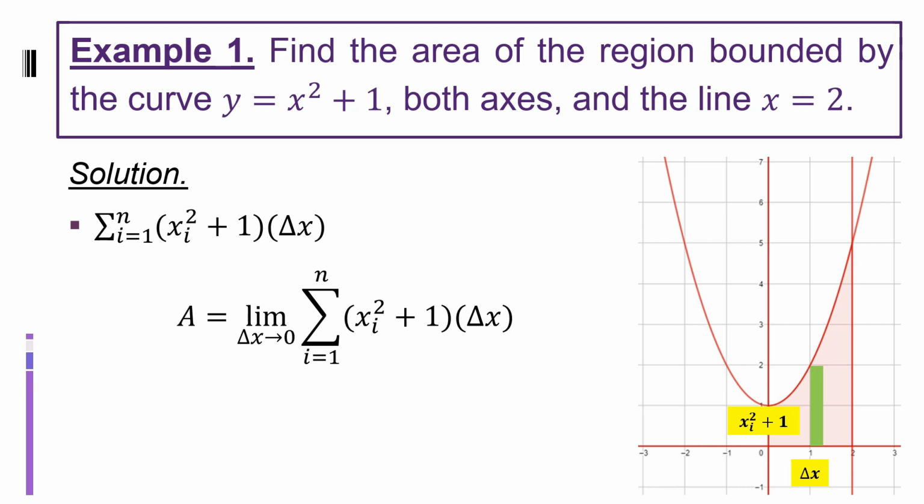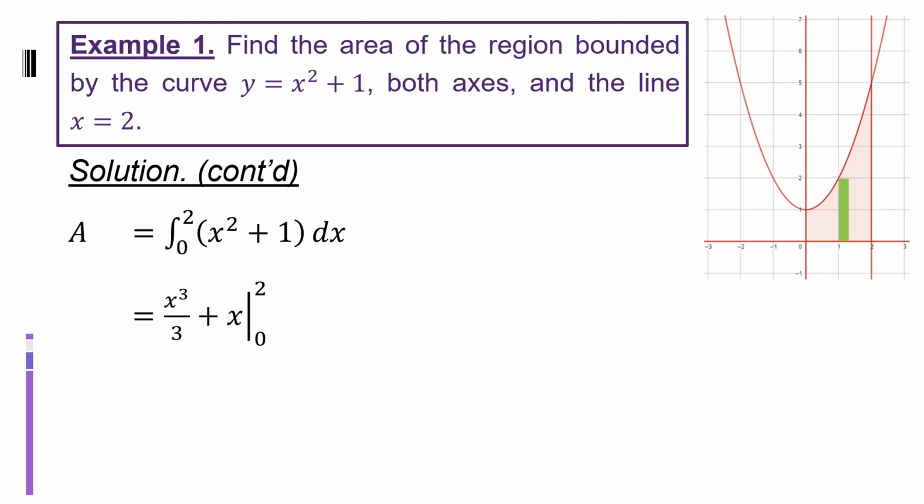By FTC2, we know that the area is equal to the definite integral from 0 to 2 of x squared plus 1 dx. So, taking the antiderivative of x squared plus 1, that is x cubed over 3 plus x, evaluated from 0 to 2.